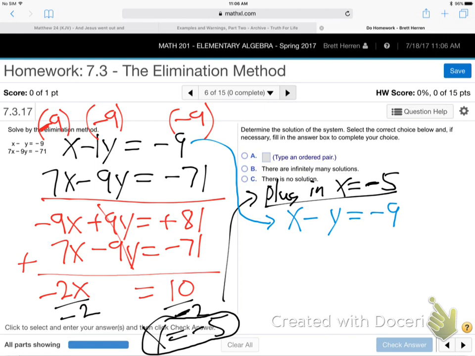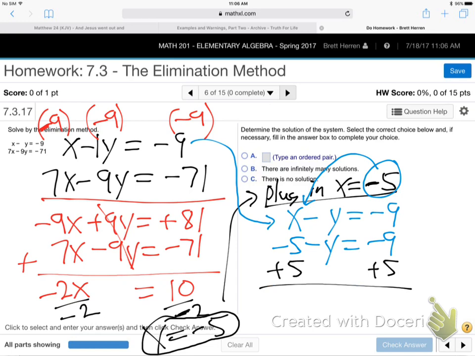Like I said, you can plug it into any of these. You can plug it into the ones before you multiplied or after you multiplied, it doesn't matter. It'll work for any of them. So grab x is negative 5 and put it in. Then add 5 to both sides, trying to get y alone here. So negative y is negative 4.